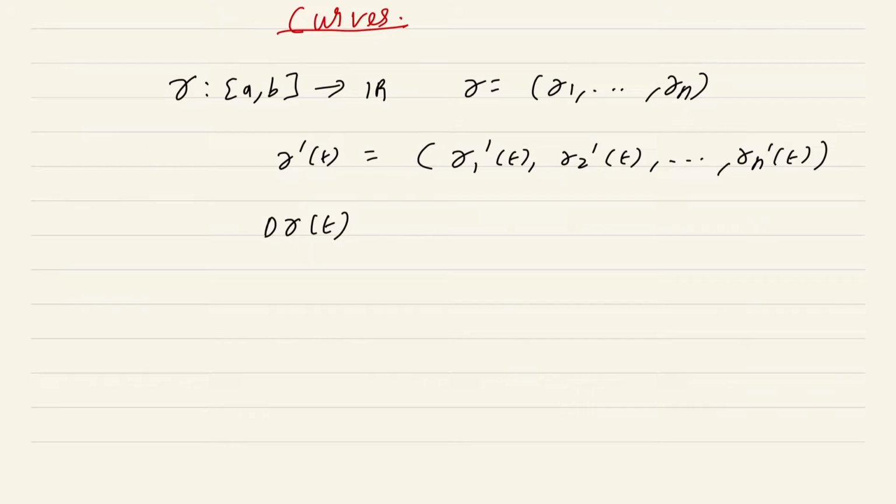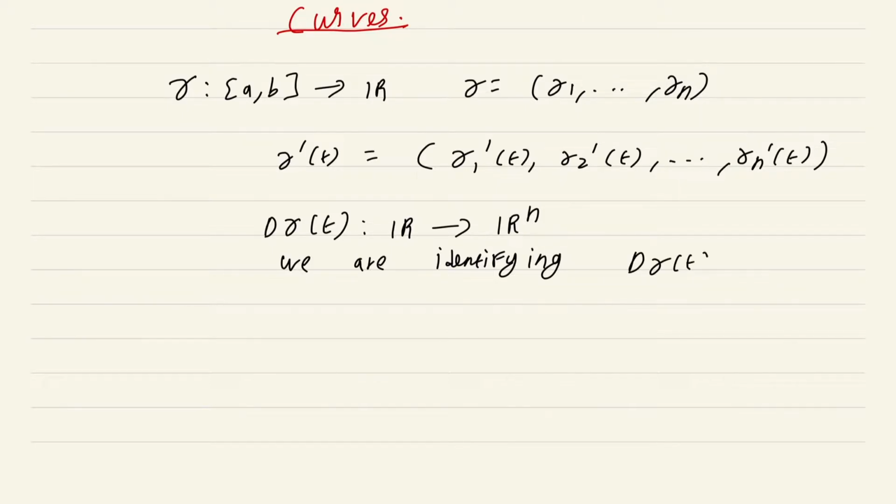D gamma of t, if you recall, will be a linear map from R to R^n. So essentially what is happening is we are identifying d gamma of t with d gamma of t acting on the vector 1.